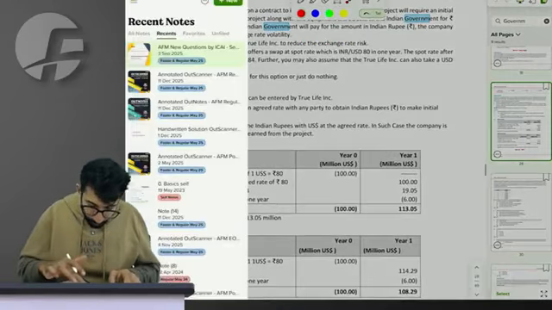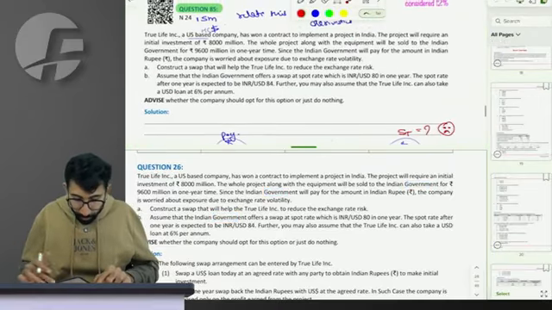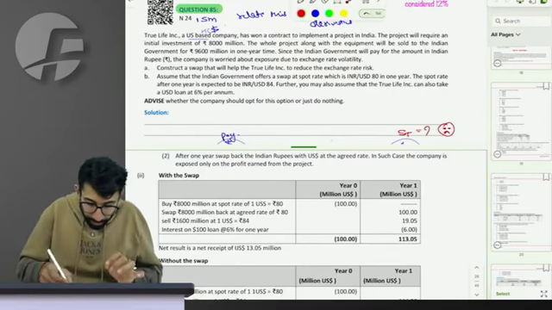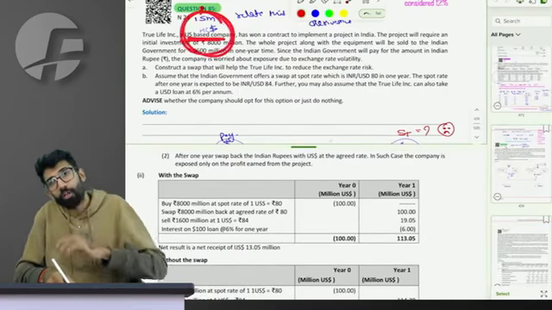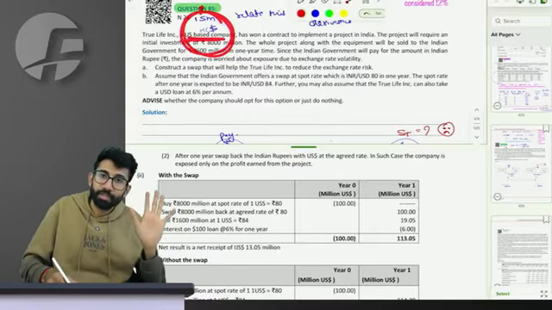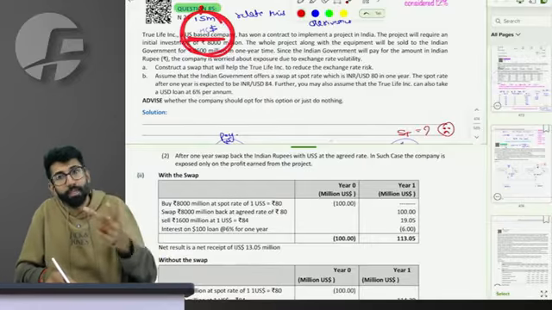You look at the solution. The solution, everyone, is really easy. Sir, let's understand, to the US company in its home currency dollar, what are the outflow today and what will be the inflow in both the cases: if we accept the swap offer of Indian government, and if we don't accept it.